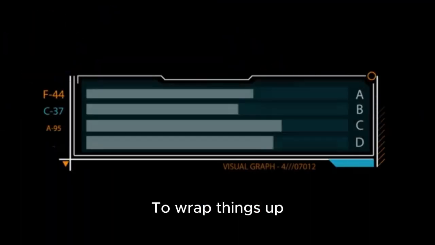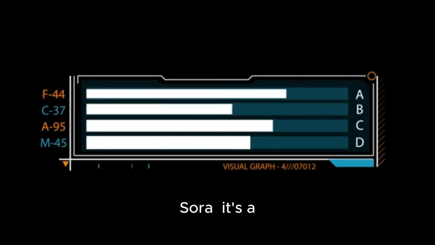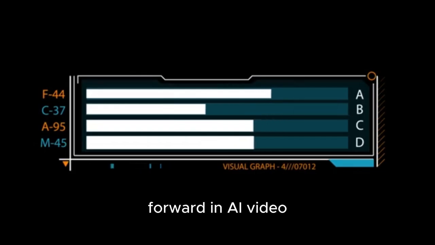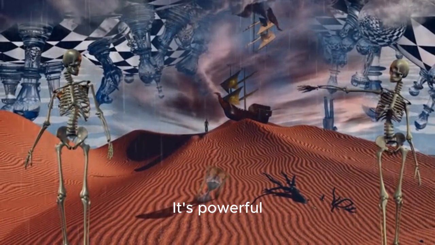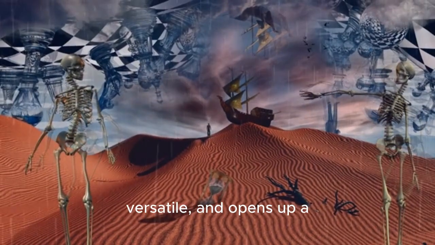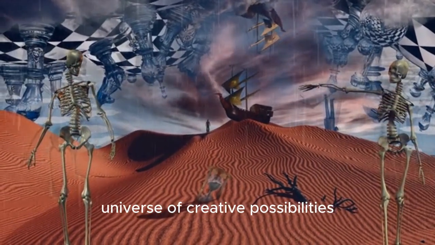To wrap things up, Veo is not just Google's answer to Sora. It's a monumental step forward in AI video generation. It's powerful, versatile, and opens up a universe of creative possibilities.